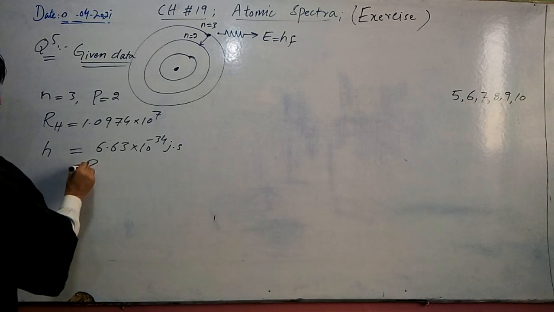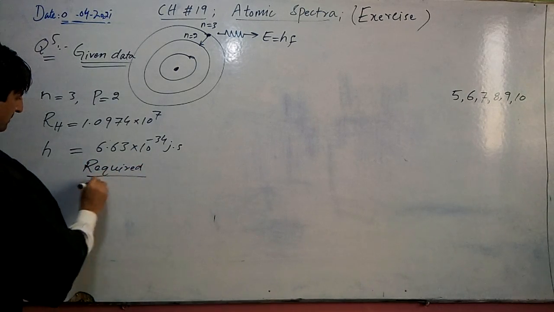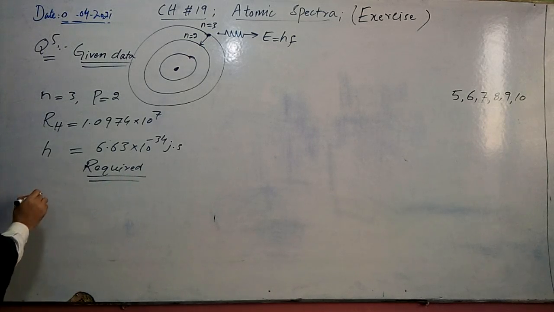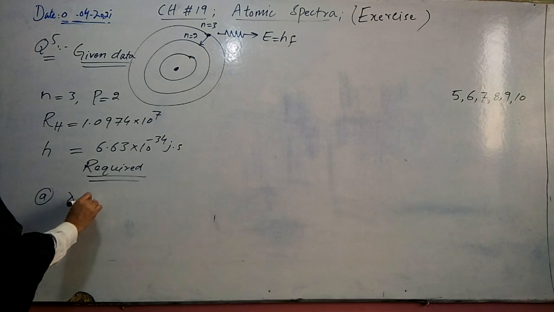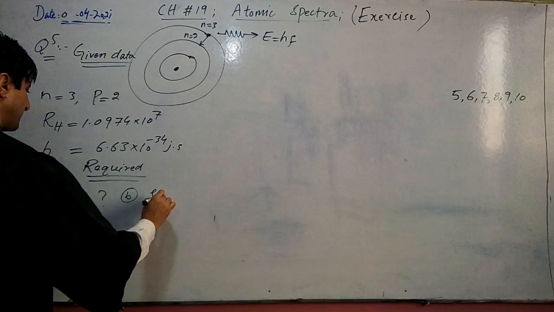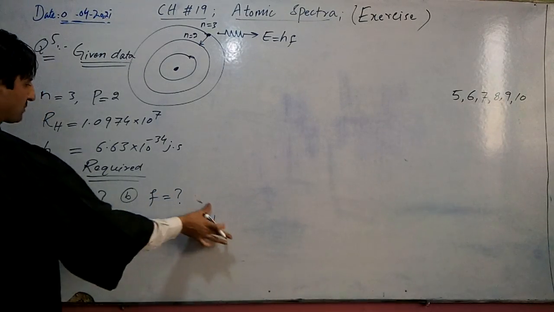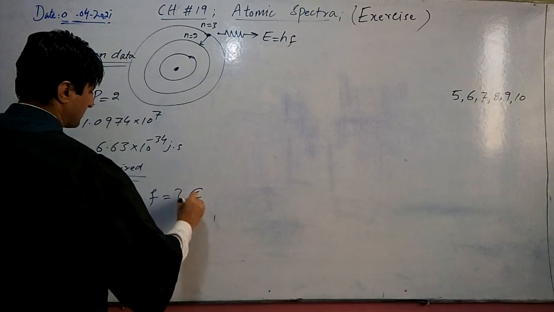What is required in this question? The wavelength of the photon, lambda, is to be calculated, the frequency of the photon is to be calculated, and the third thing is the energy of the photon, E.